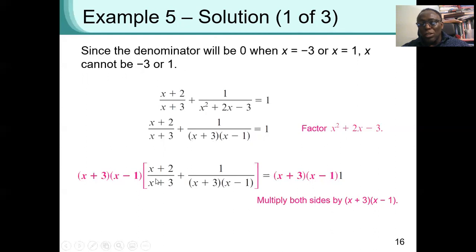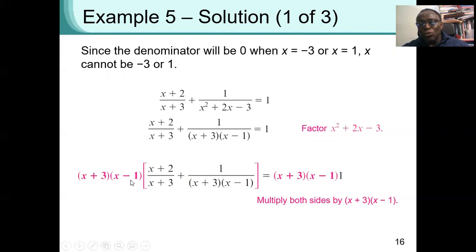So what we did in the next slide is that I multiply the LCD by the first term here, and also I multiply the LCD by 1 over s plus 3 and s minus 1. So basically they will cancel each other. That's why we have 1 here. The s plus 3 will cancel s plus 3.